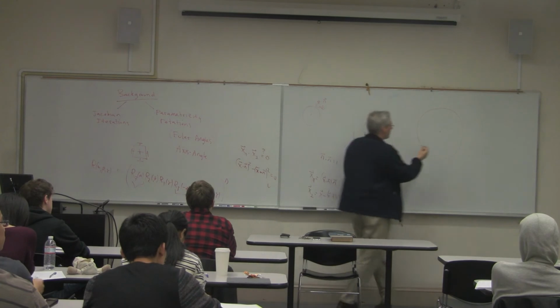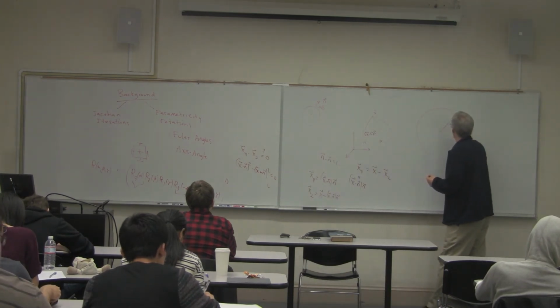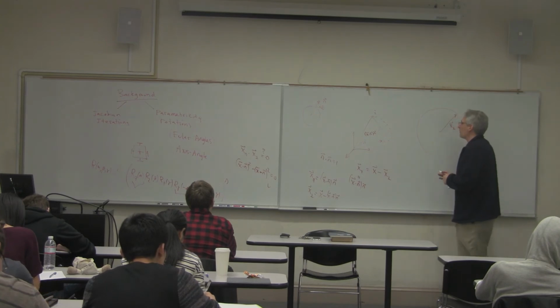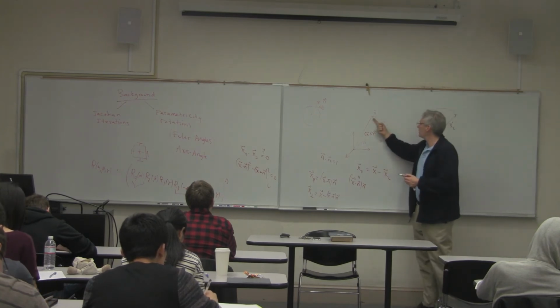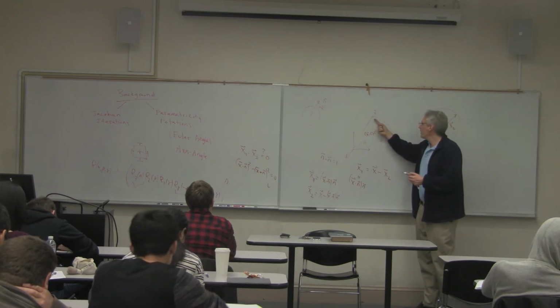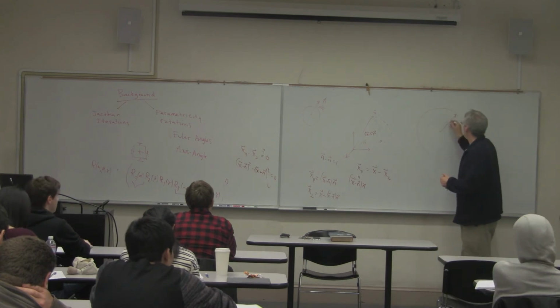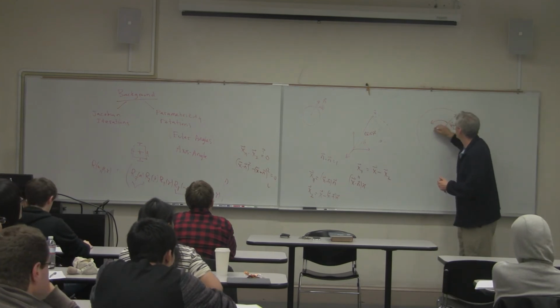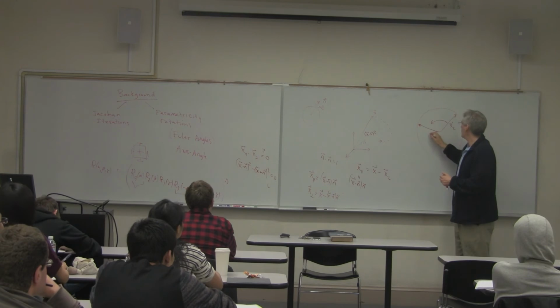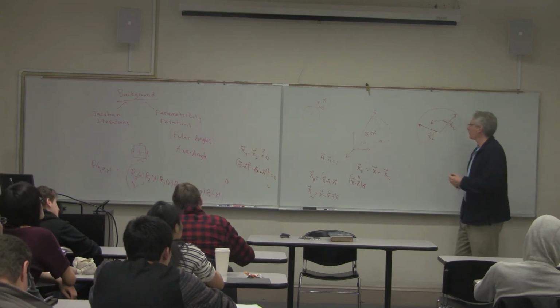But if this is my original, say, x perpendicular, which is in the plane of the base of the cone, then when I rotate that counterclockwise by an angle theta, I'm going to get a new x perpendicular, okay?